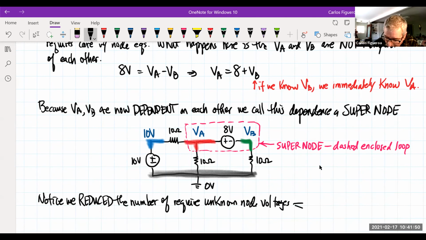What I mean by that is that previous to the supernode, it was VA and VB. But this tells me that if I know VB, I automatically know what VA is. So instead of knowing VA and VB, we only need, let's say, VB, or I could have said VA.